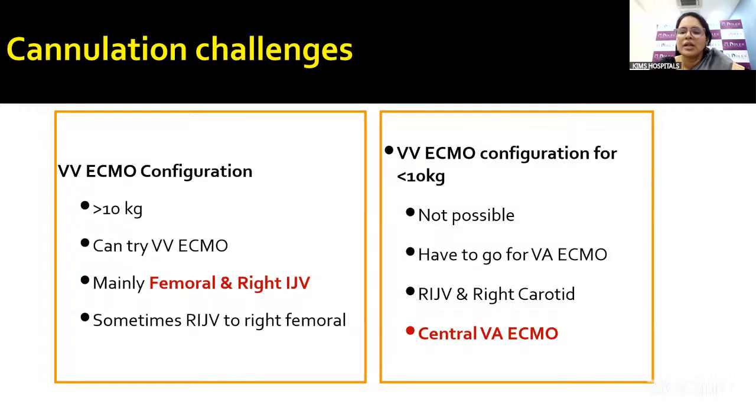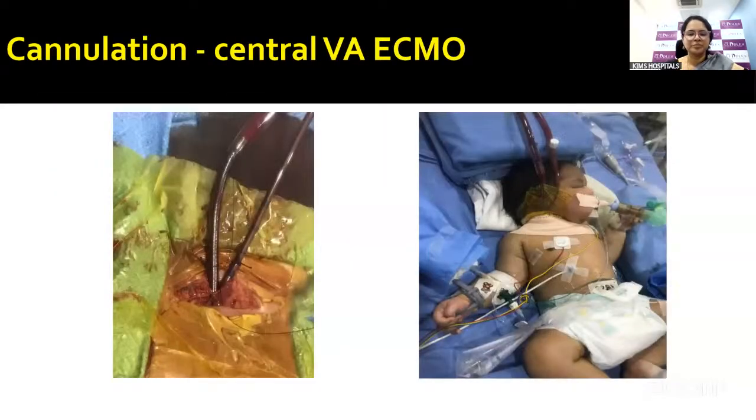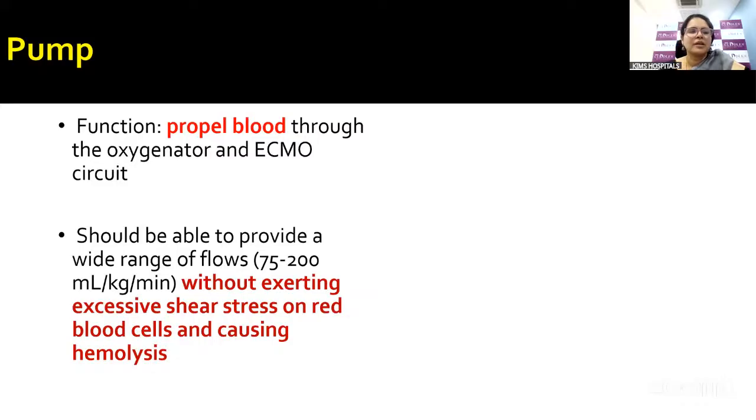Usually one has to involve the cardiothoracic surgeon for a cut down, and we generally prefer to do a VA ECMO. The preferred lines are the right internal jugular vein and the right common carotid artery, and of course central VA ECMO is also done.